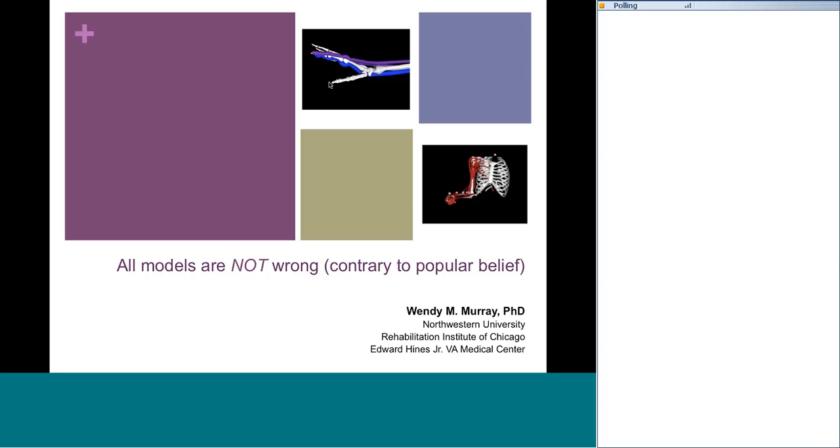It's a little bit in jest that I chose this title, but when giving my first talk as a postdoc at the American Society of Biomechanics meeting, I did end a detailed biomechanical simulation analysis. Many of you know I studied tendon transfer, so it was one of the first analyses I did of a brachioradialis tendon transfer. And I vividly remember the first question from the audience that I was asked was, how do you know your model is right?